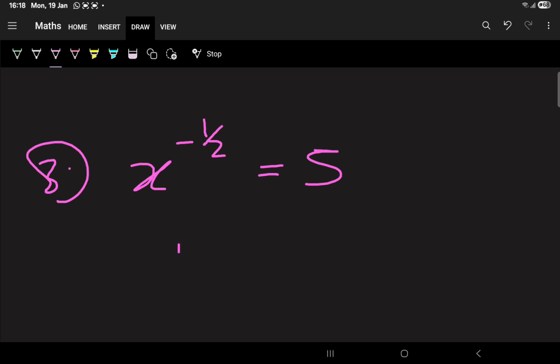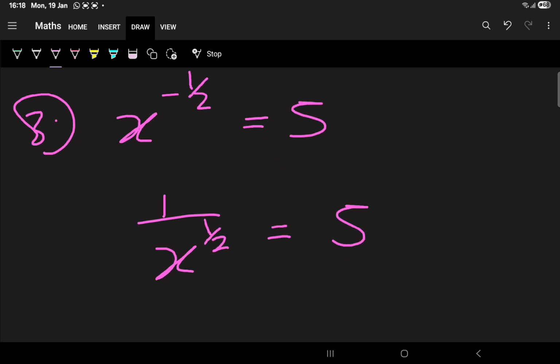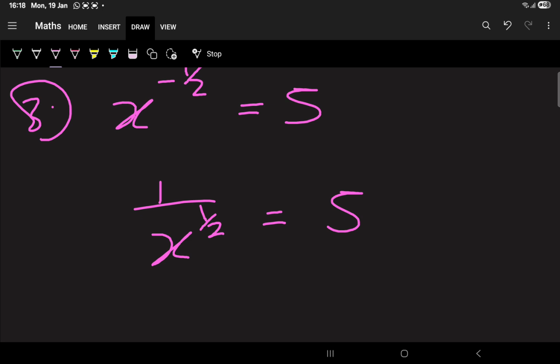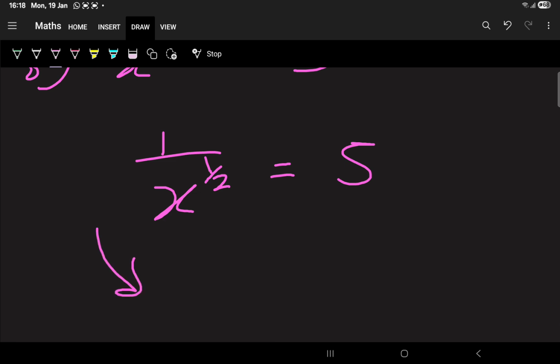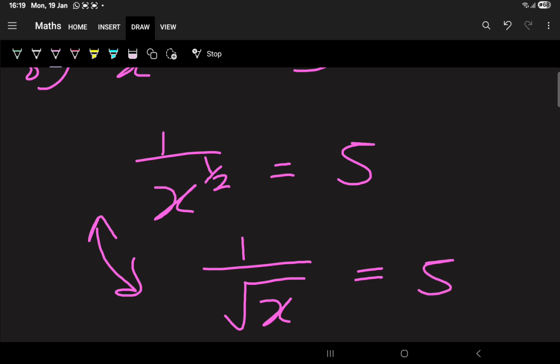So this is going to be 1 over x to the power of half is equal to 5. Now we can make x to the 1/2 power to be the same as 1 over square root of x is equal to 5.